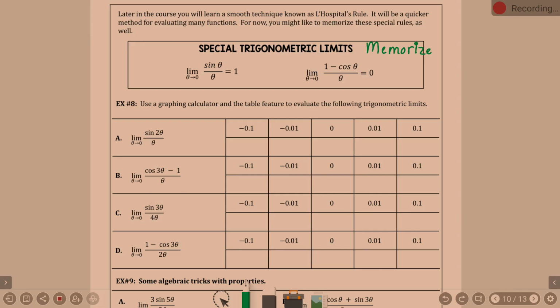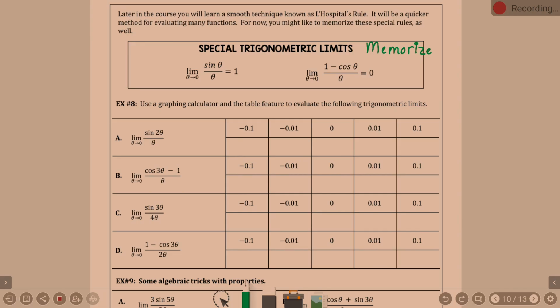The other one is the limit as theta approaches 0 of 1 minus cosine theta over theta, and it's equal to 0. So your numerators and your answers are what change there. I would probably say the sine one is the one you're going to use more. But if you can recognize these, it can make certain problems easier.